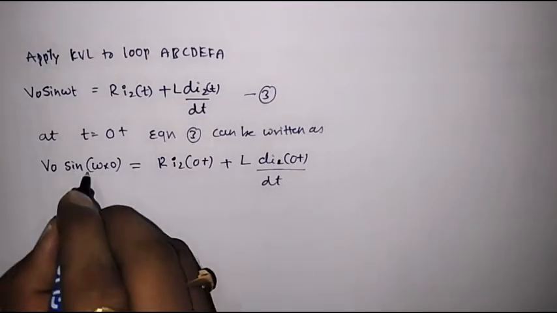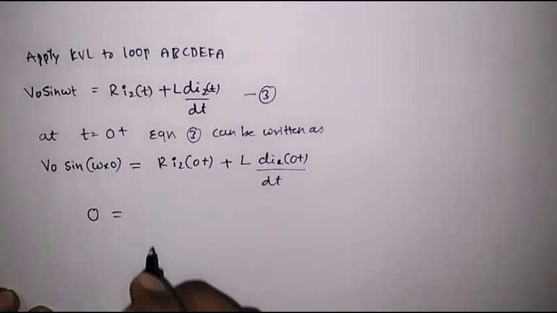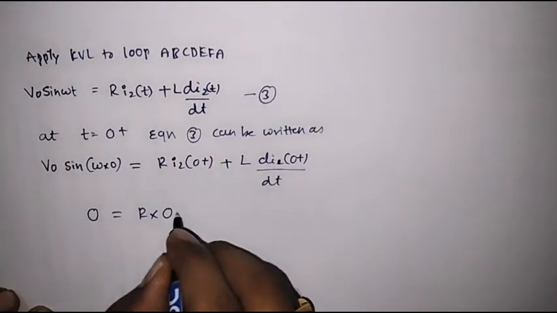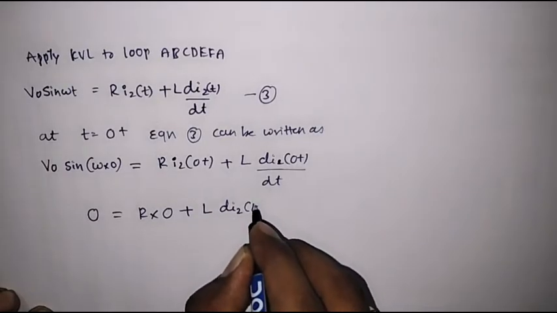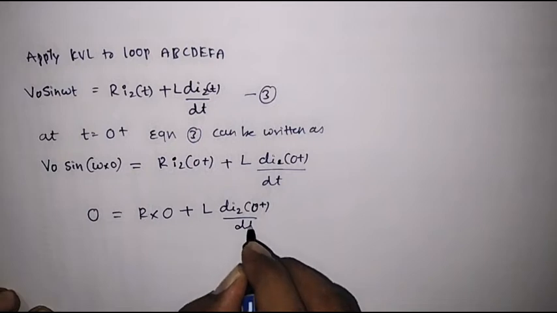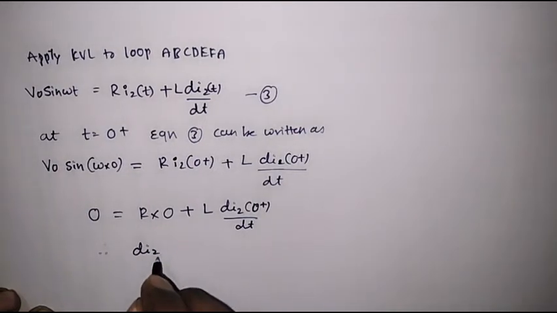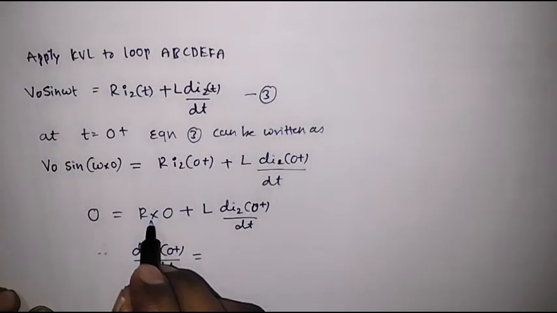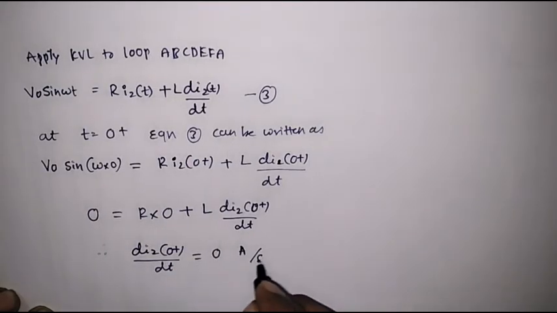Sin 0 is 0, so 0 into V0 is also 0, equal to R into I2(0+), whose value is 0, plus L di2(0+)/dt. Therefore di2(0+)/dt is equal to 0 by L, which also gives 0 amperes per second.